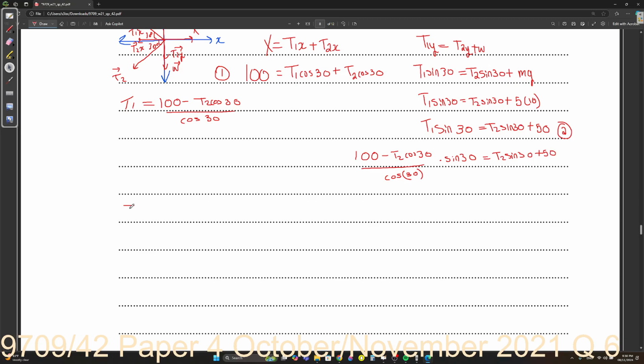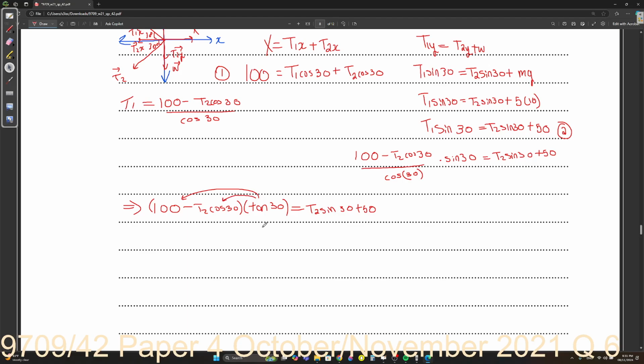So we're going to continue, 100 minus T2 cosine 30 multiplied by tan 30 is equal to T2 sine 30 plus 50.